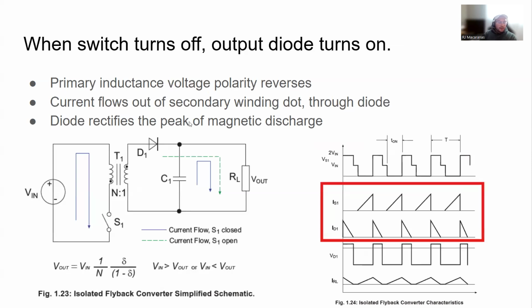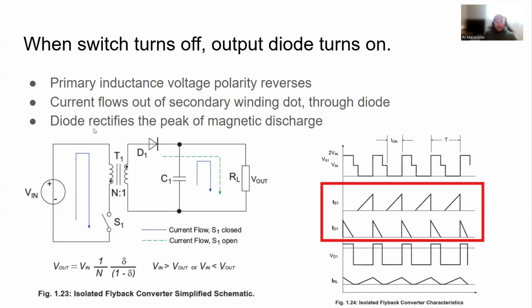So when the switch turns off, as we talked about before, this diode is going to turn on, right? When the switch was on, the diode was blocking just due to the dot convention of these transformers. But when it turns off, the diode conducts and allows current to flow to the output, right? So we're sending little packets of energy to the output, and this energy is coming from the stored energy in the magnetic field of the transformer.